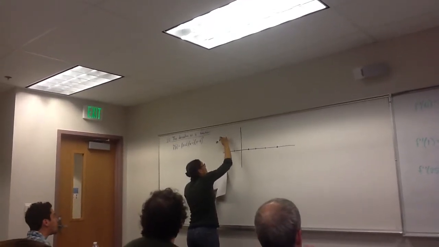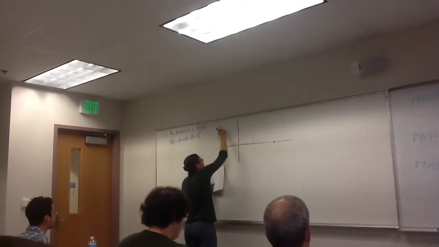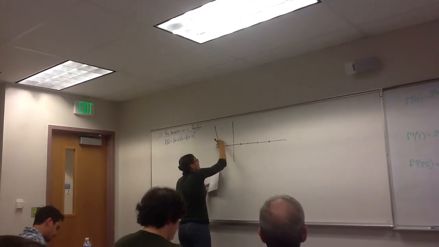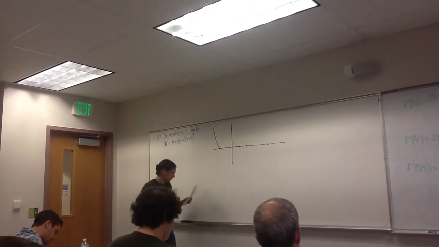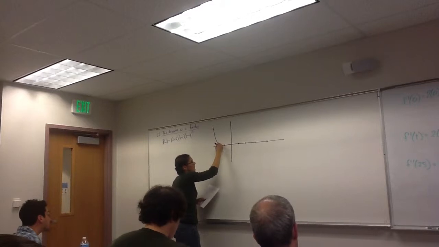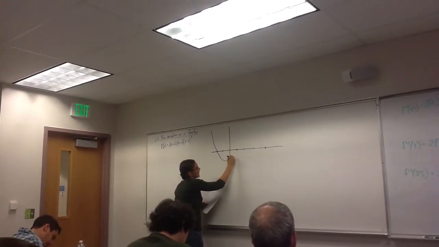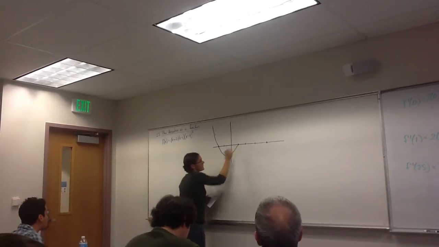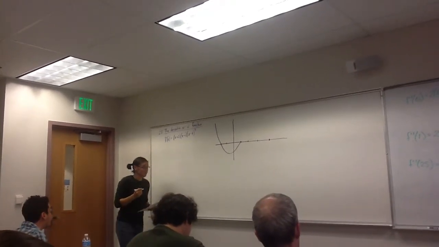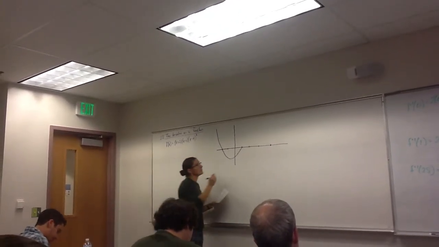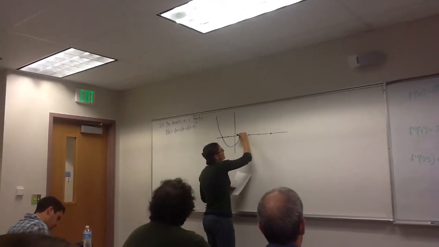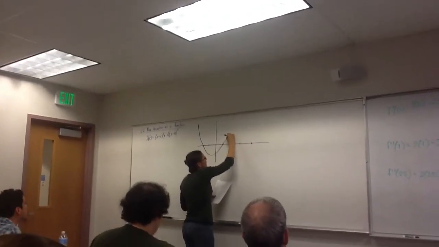So it's a function that dips down, crosses the x-axis at x equal to negative 2, bottoms out, and starts to head back up, and again crosses the x-axis at x is equal to 1. Somewhere between 2 and 3, we hit the top of a hill.